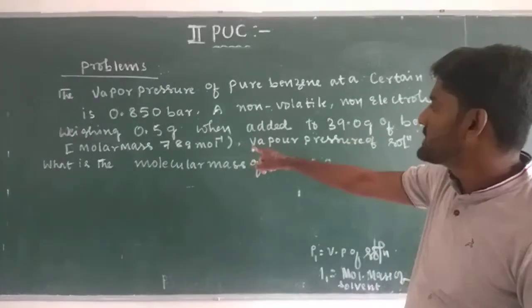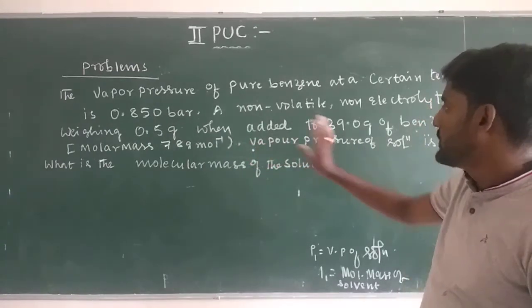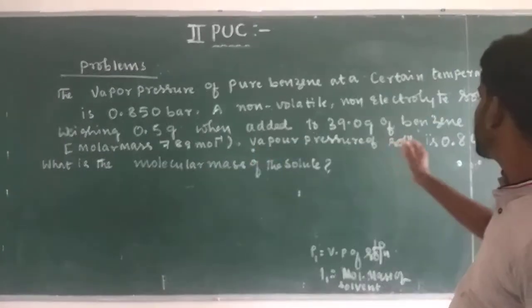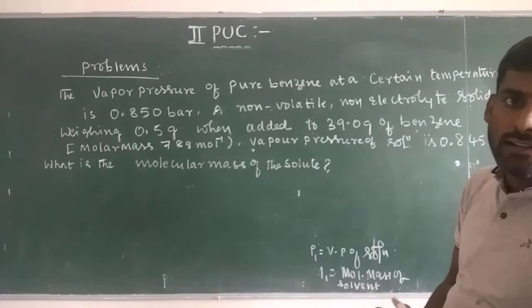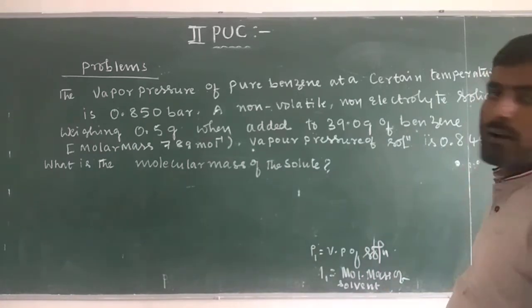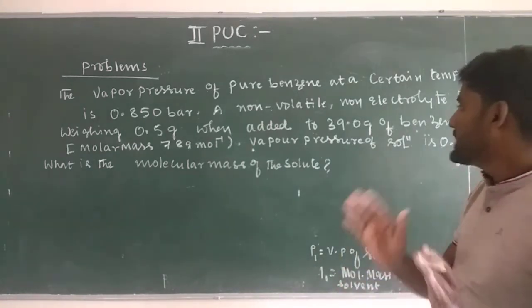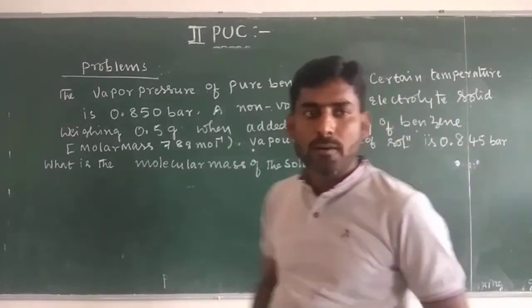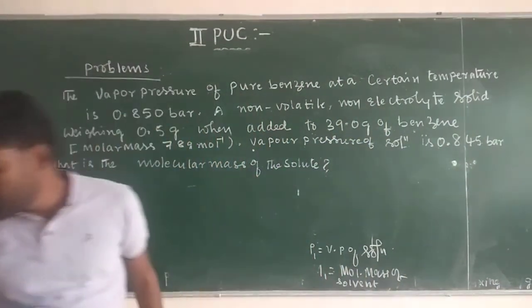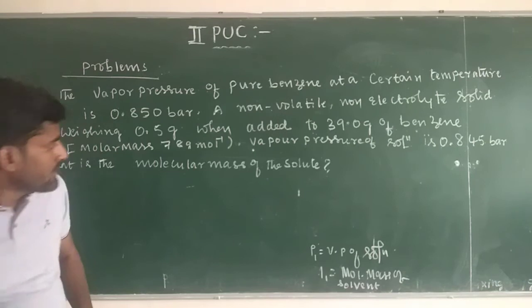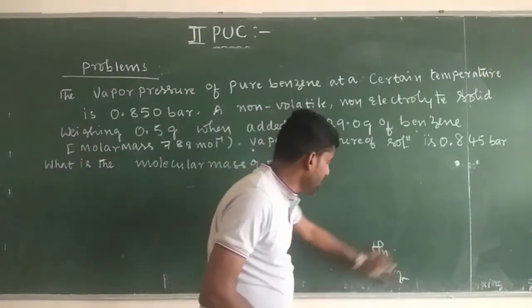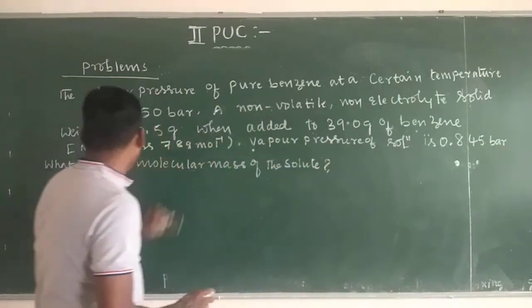The molecular mass of benzene is given as 78 gram per mole. The vapor pressure of the solution is found to be 0.845 bar. Then what is the molar mass or molecular mass of the solid? So here, let us write the given data.